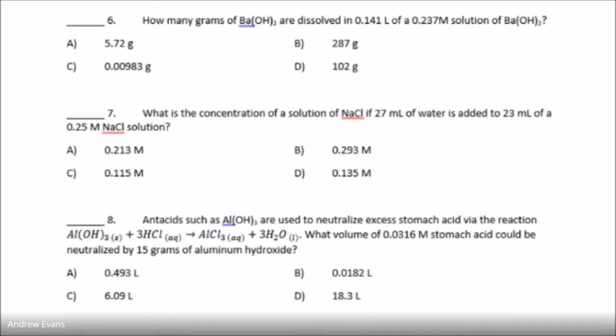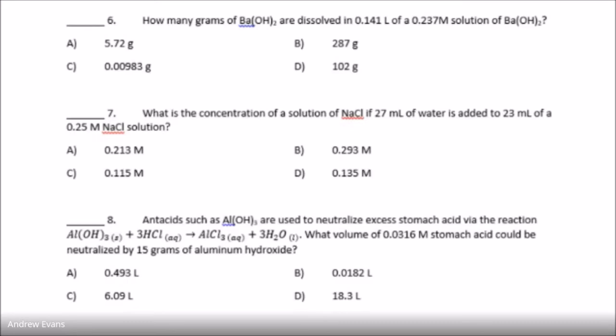Antacids such as aluminum hydroxide are used to neutralize excess stomach acid in the reaction aluminum hydroxide plus 3HCl yields aluminum chloride. What volume of 0.0316 molar stomach acid could be neutralized by 15 grams of aluminum hydroxide? So in this case, we have to approach this from both sides.